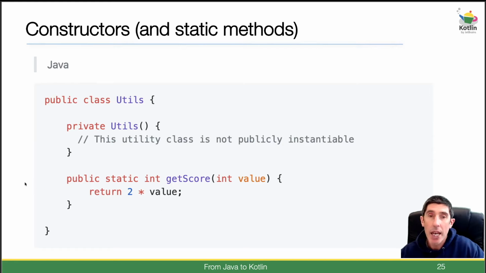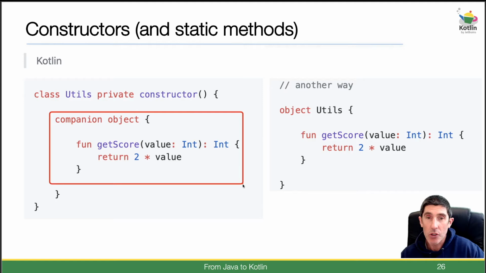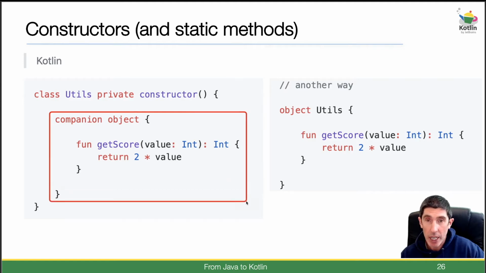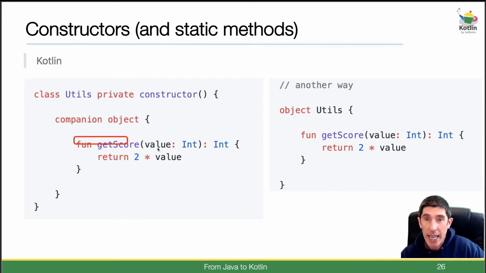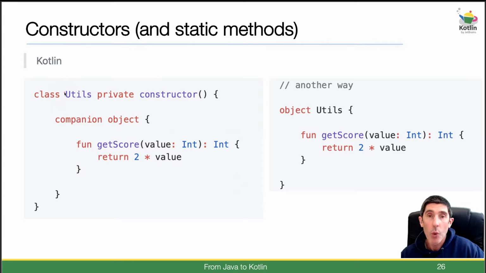In the Kotlin world, we can say something like this. Two ways to do it. We could say there's our class Utils, specify a private constructor, and then have within it this companion object. So this would specify that our getScore is essentially static. We can only ever have one instance of it, once the class is instantiated.